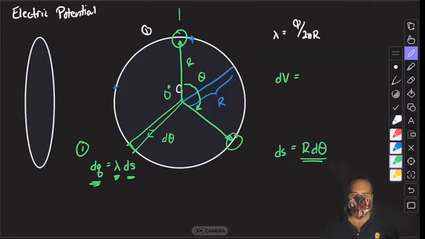So I'm trying to give you steps. Step one is trying to find a piece of charge. Step two, find a way to point to each piece of charge.